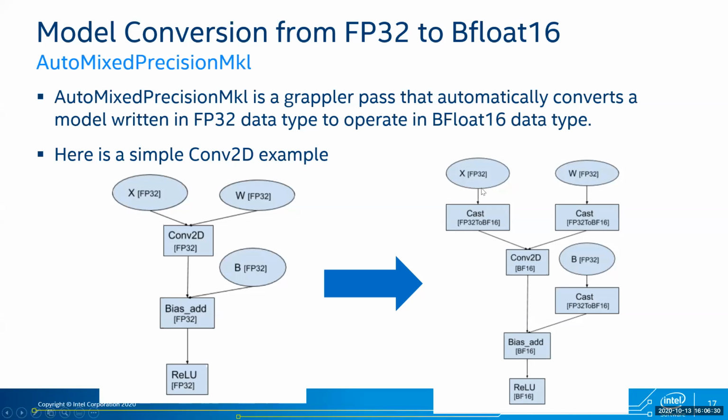So overall, as you can see on the right-hand side, we will have a cast operation that converts the FP32 inputs like X, W, or B into BF16, and then the convolution 2D, bias add, and ReLU will operate with the BF16 data type for you.